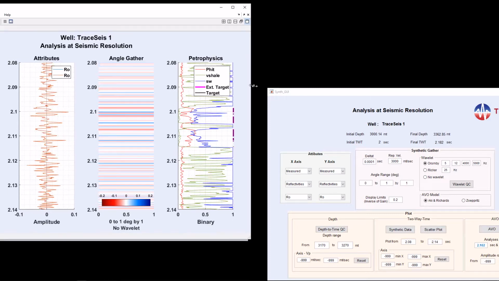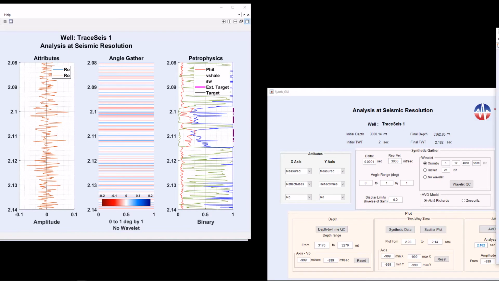To be able to do that, I have created here a normal incidence trace with very high frequency. I have used here upper frequencies of 4000 and 5000 Hz, which I can do because I am using a sampling interval of 1/10 of a millisecond. This would be equivalent to having no wavelet.